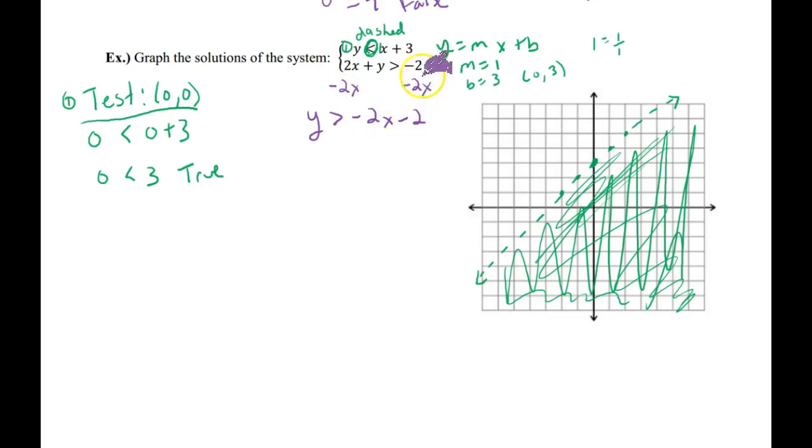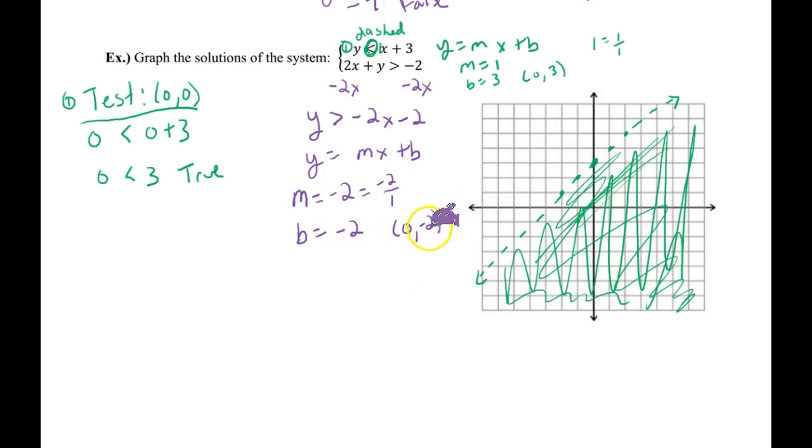So all I have to do is subtract that 2x over, and now it's in slope-intercept form again, y equals mx plus b. That means my slope is the coefficient of the x, or negative 2, same thing as negative 2 over 1. And my y-intercept is negative 2 also, giving me the coordinate (0, negative 2).